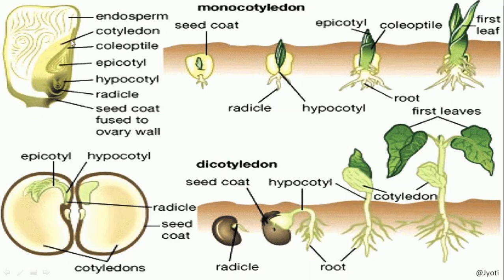This portion is the embryo and the whole structure is the seed, and we call it a grain in monocots. This is the seed coat, and piercing the seed coat, the plantlet has emerged.